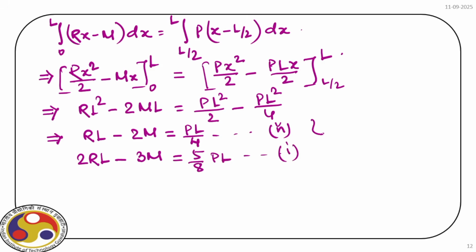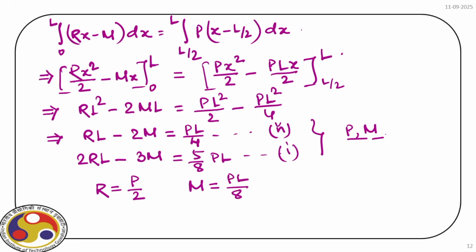Now we have two equations, two unknowns R and M, right? We can solve this. Again, I leave this as an exercise for you. You can solve it, and the moment you solve it, you get reaction R is equal to P by 2 and moment M is equal to PL by 8.